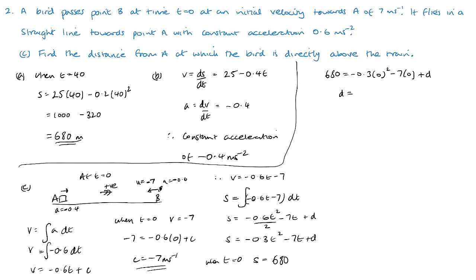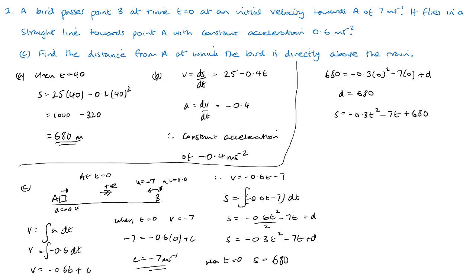So d equals 680. Therefore s is minus 0.3t squared minus 7t plus 680.